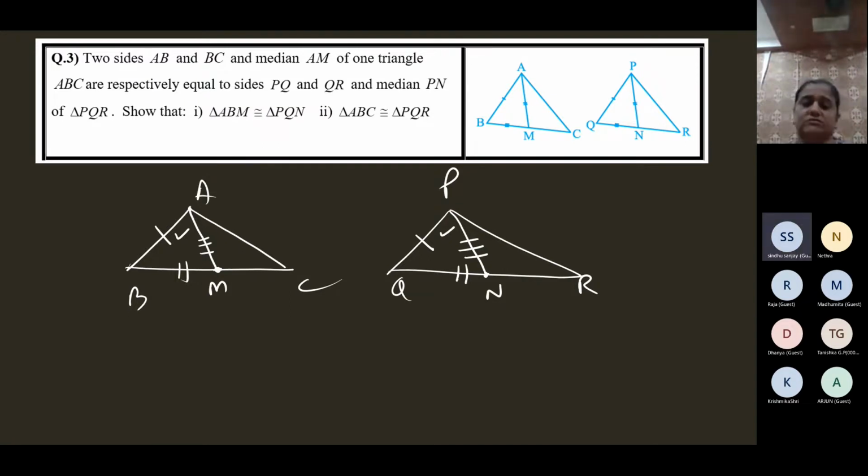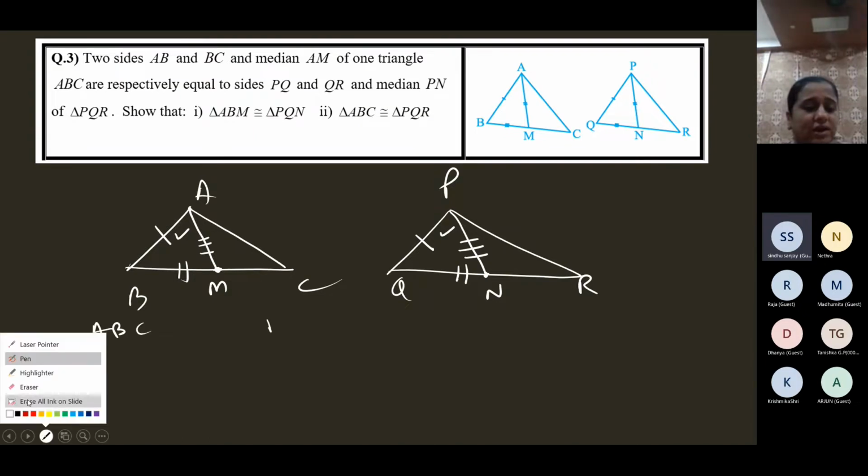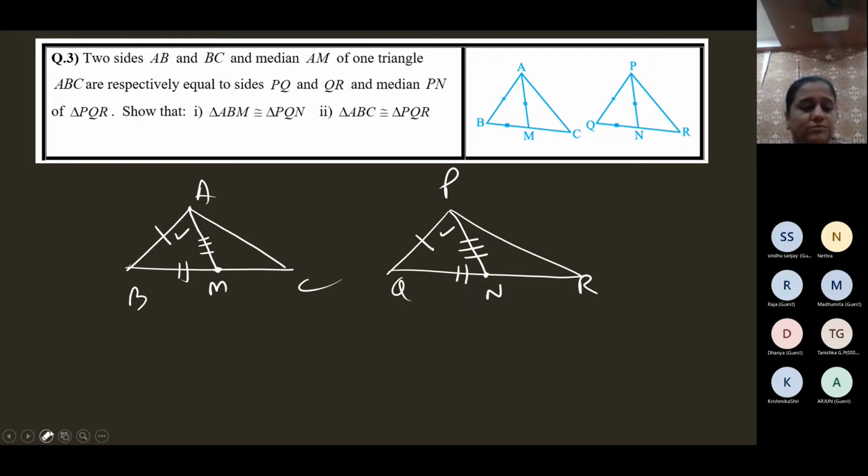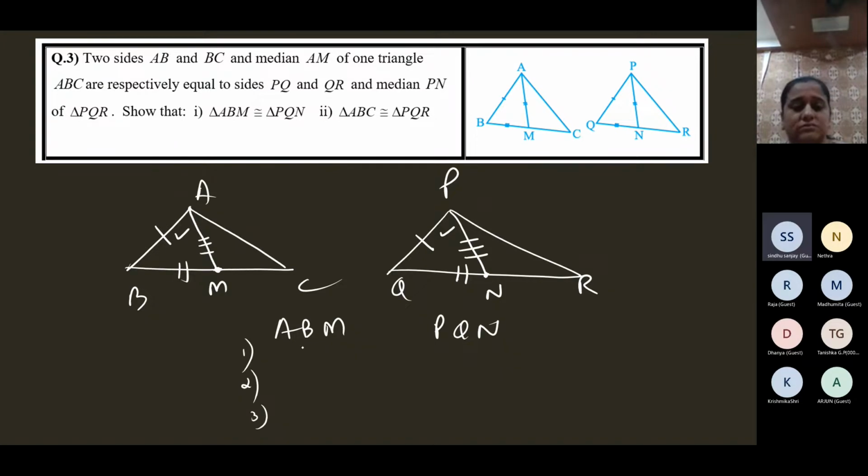Ma'am, can I? Yes, Sindhu, is it? Yes, ma'am. AB is equal to PQ. Name the triangle, Sindhu. Ma'am, triangle ABM and triangle PQN. AB is equal to PQ, given. And BM is equal to QN, given, ma'am.